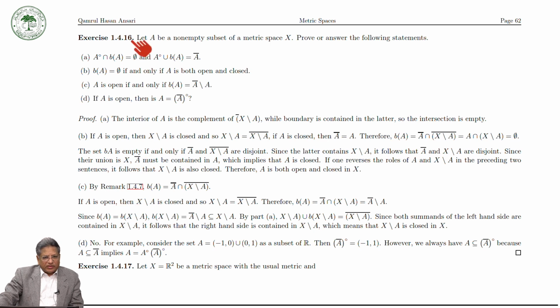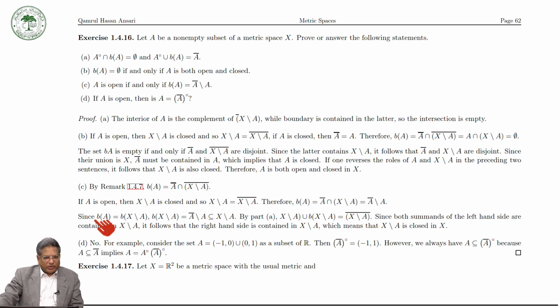If A is open, then X minus A is closed, and so X minus A is equal to its closure, and therefore the boundary of A is equal to the closure of A intersection the complement of A, and this is equal to the closure of A minus A.